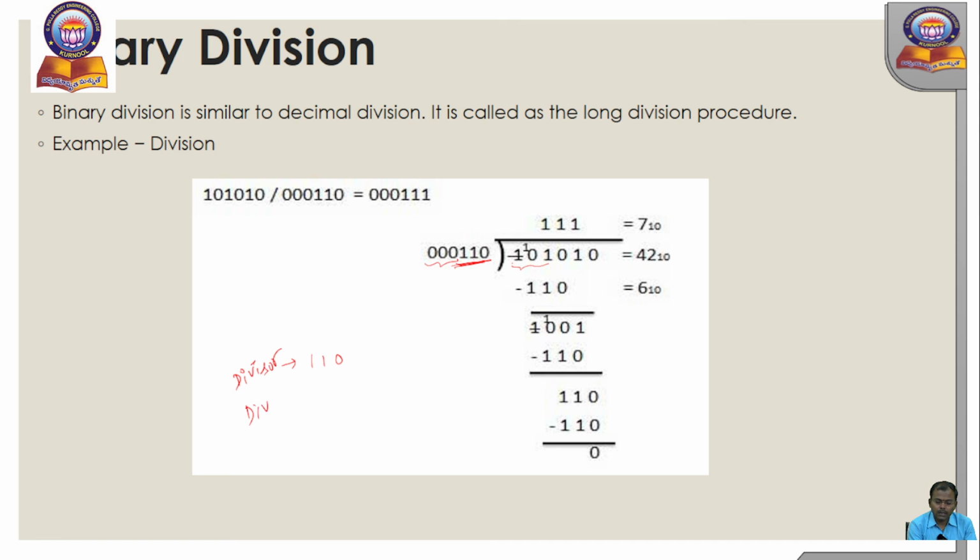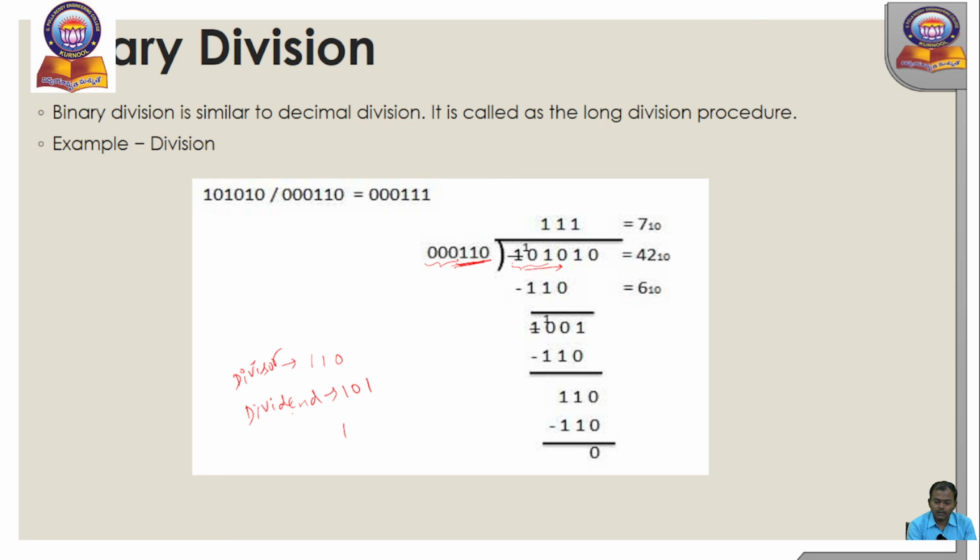The first three bits are 101. So the dividend is 101 and the divisor is 110. The divisor is greater than this dividend, so we have to move to the right of the dividend.